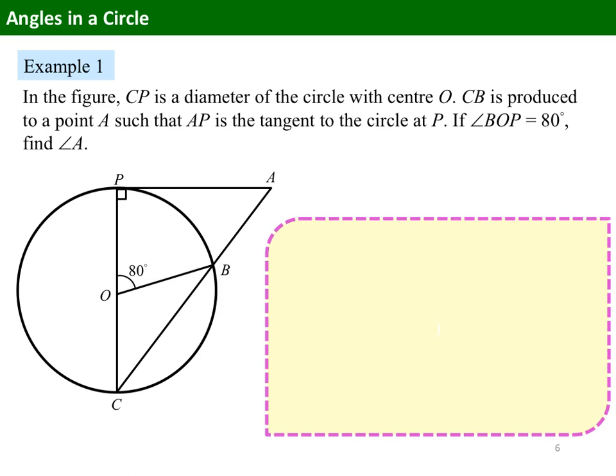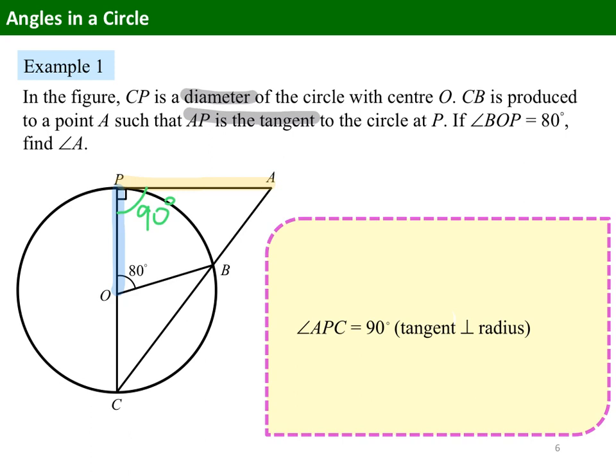The main point of this question is diameter and tangent. AP is a tangent. We can use the yellow line to represent tangent, so we can see very easily. Since CP is diameter, then we have OP is the radius, and then we have this angle equals 90 degrees, because tangent is perpendicular to radius.